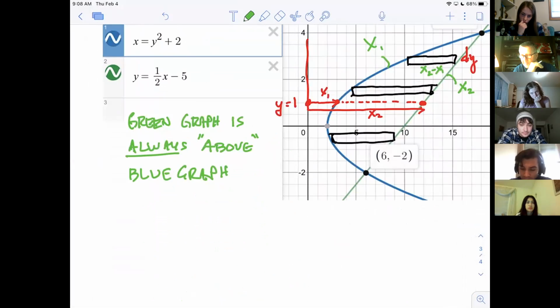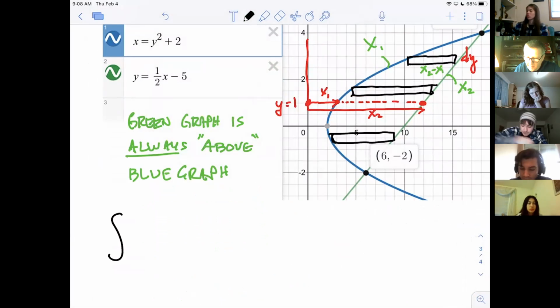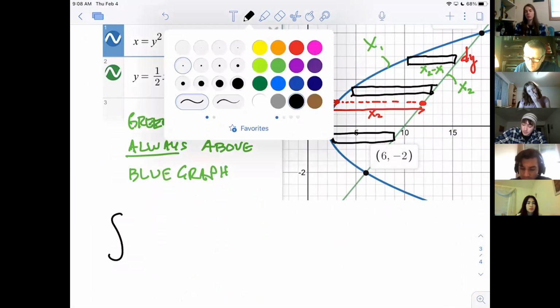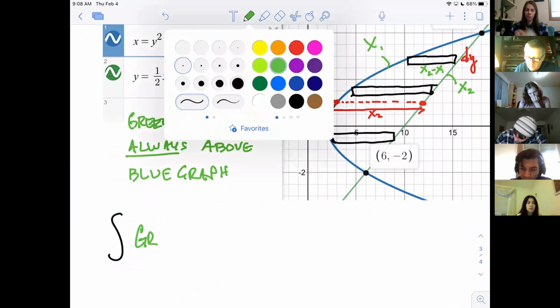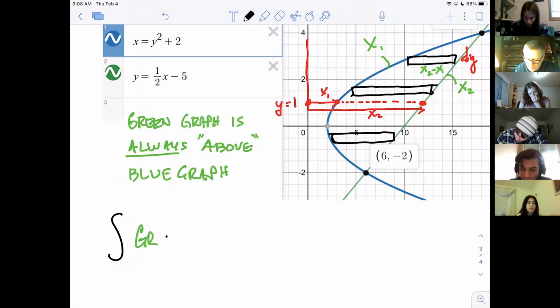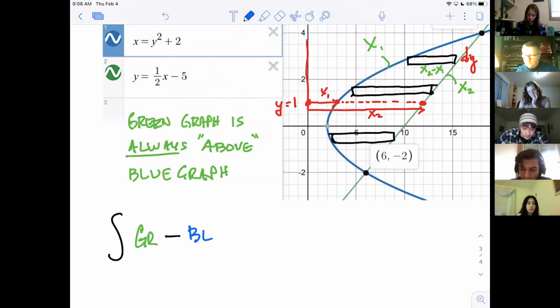So let's see if we can set this up. What I need then is the integral of green minus blue.